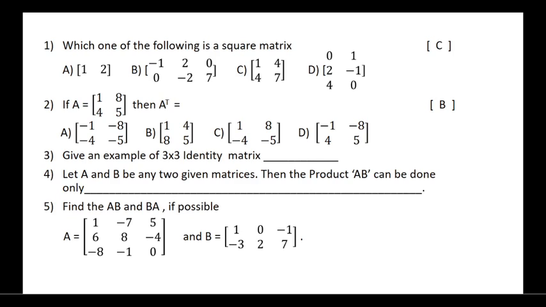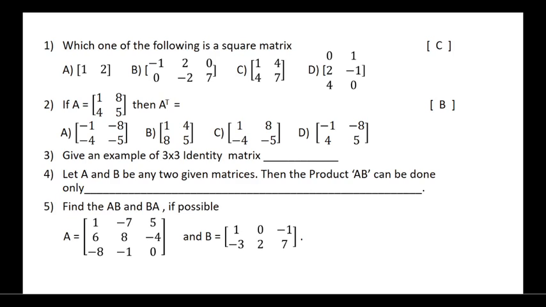You observe, 1, 8 is a row in the given matrix, so we should get 1, 8 as a column in the resulting matrix. 4, 5 is the second row in the given matrix, so we should get 4, 5 as the second column in the resulting matrix. That's why by observing, B is the correct option.